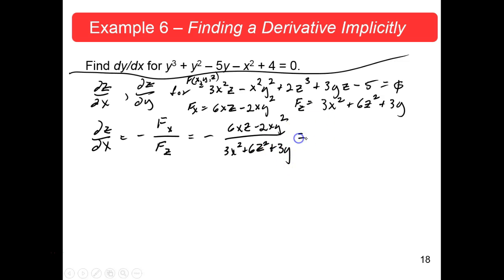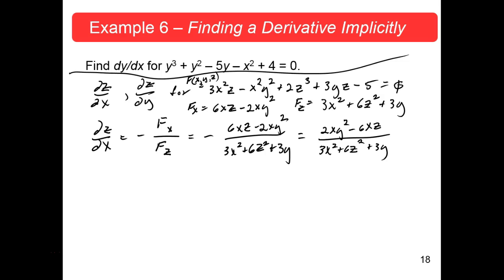Now the only thing I would do to straighten this up, and it's not necessary, but to me it makes it a little better, reverses these two, which negate them, and that takes out the minus sign, and that gives you 2xy squared minus 6xz over 3x squared plus 6z squared plus 3y. All right, that's what we got.